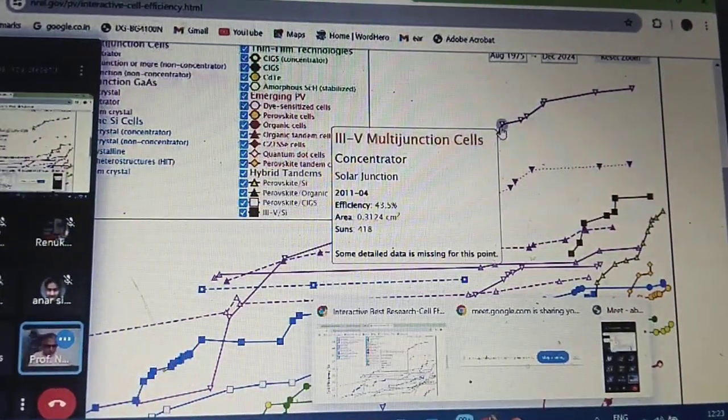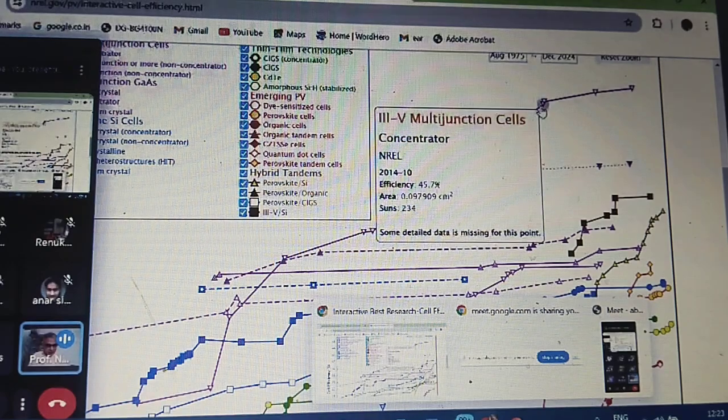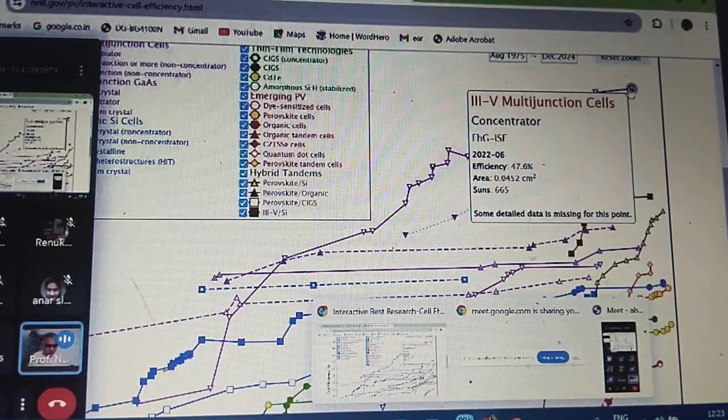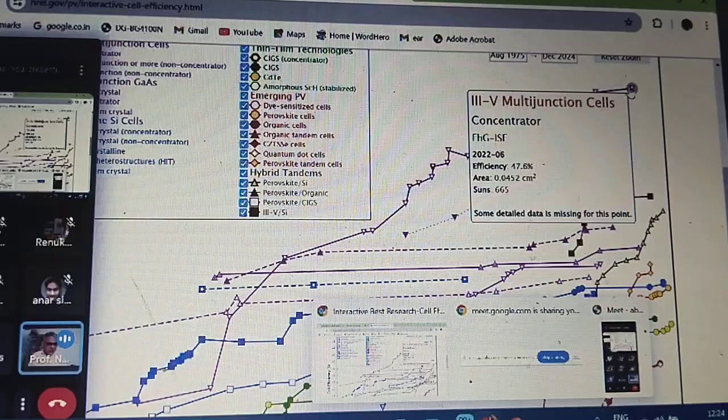So see which one has the highest efficiency. Highest efficiency is 47.6, for III-V compound multi-junction cells with concentrator, meaning we use the concentrator for focusing the light.